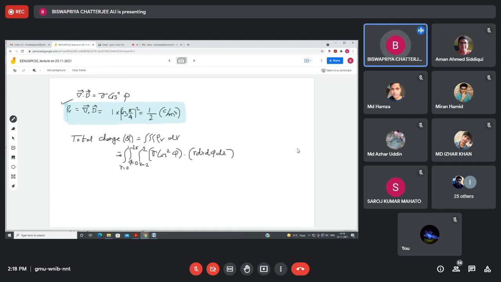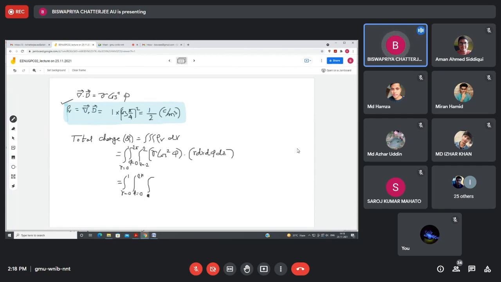So this should be the range: r from 0 to 1, phi from 0 to 2 pi.